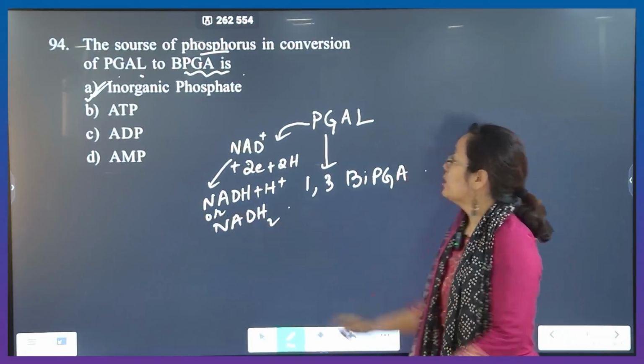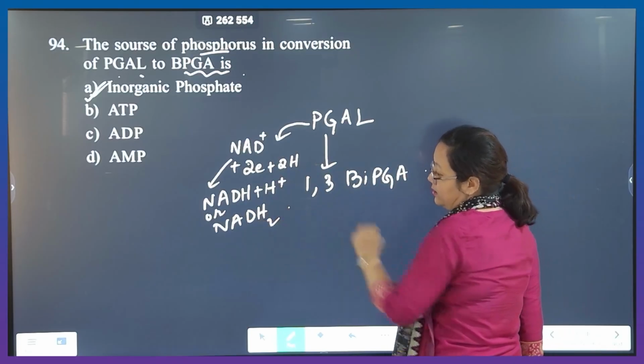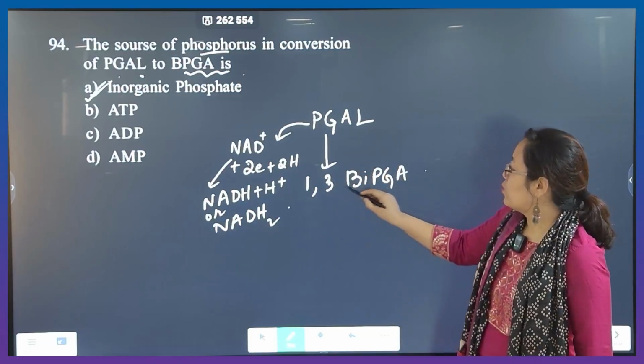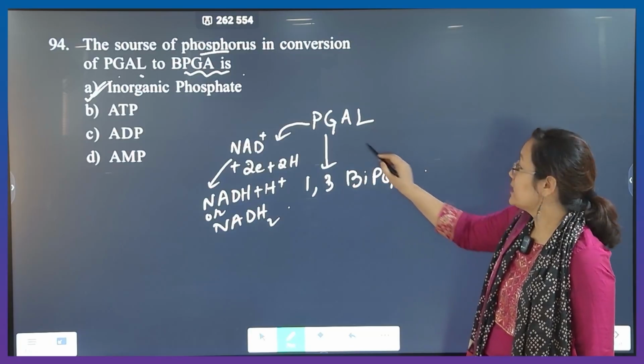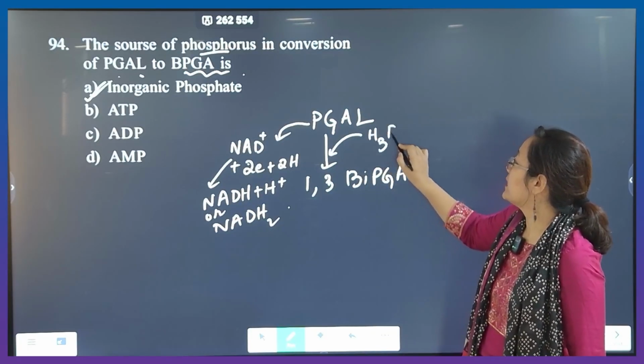So PGAL will undergo oxidation and it will form NADH2. And it will also convert to form 1,3-bisphosphoglyceric acid, and what is consumed here is phosphoric acid.